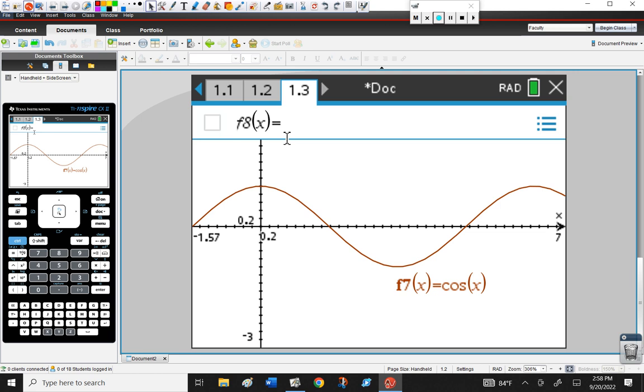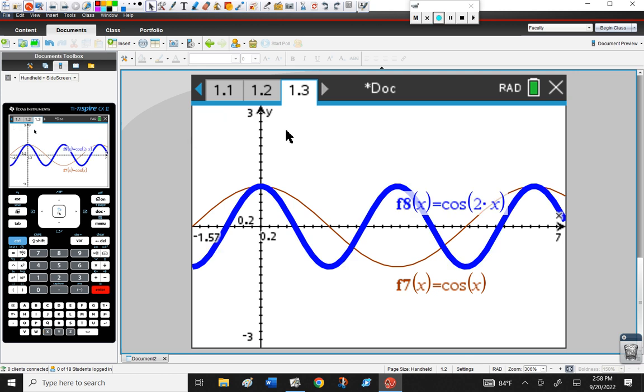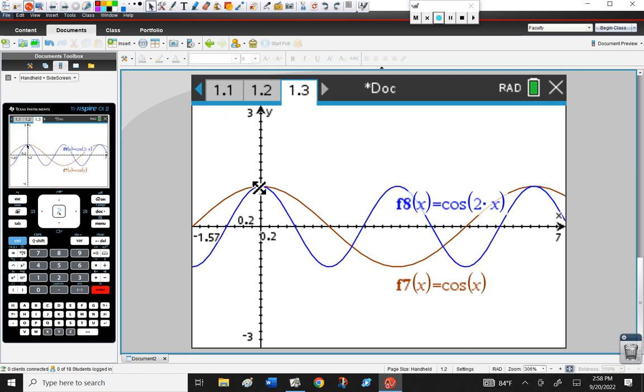By simply putting a 2 in front of that x, watch what happens to the graph. It goes down, up, repeats once, goes down and up, and it repeats 2 times before it gets here.